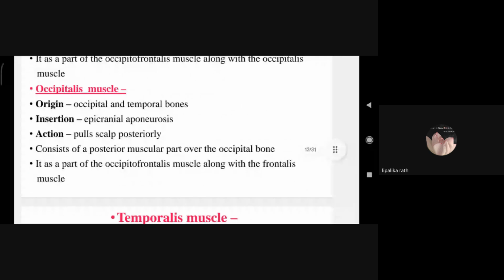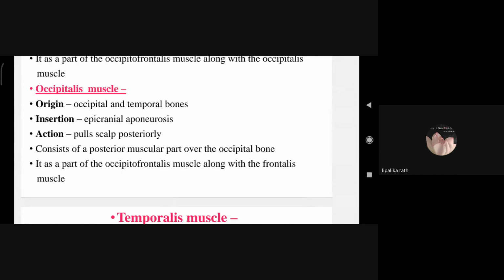The origin is occipital and temporal bones. We have already learned the occipital bone. Where is the occipital bone present? Behind the skull, which means behind the head. I hope you remember.